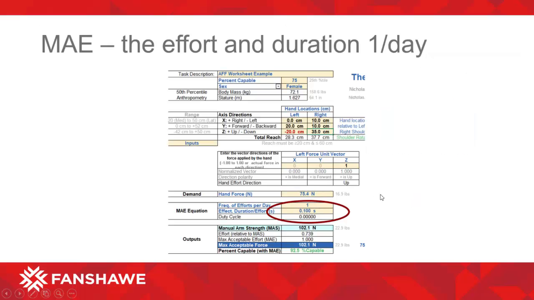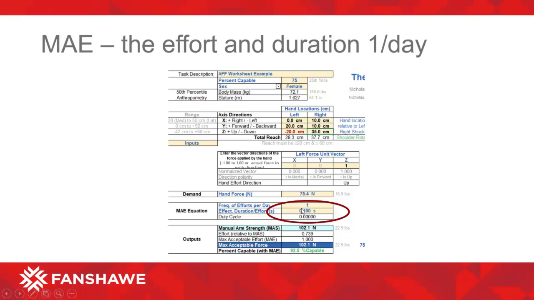As in HandPack, the thing that we sometimes want to know is, I don't want to modify it. What is a 1 a day, the maximum that they could do? So the way that you modify that then is, and I'm hoping that this tapes with this not over top of it, so what you do then is you actually put in a frequency of 1 once in the whole day, and you put the lowest effort duration, meaning it only took me 0.1 of a second to do it.